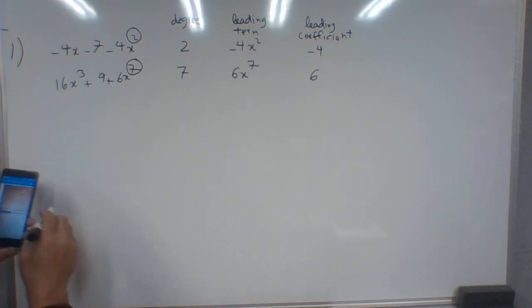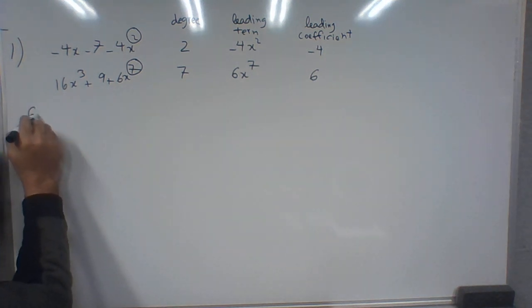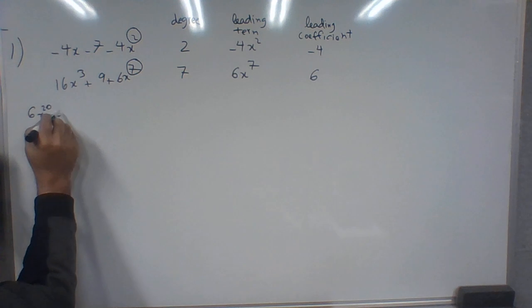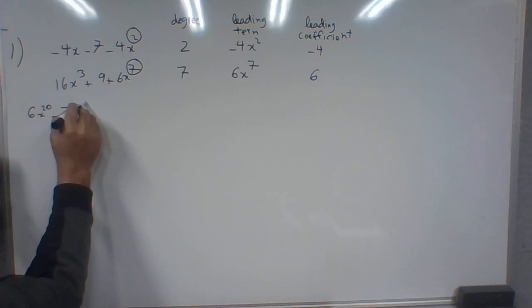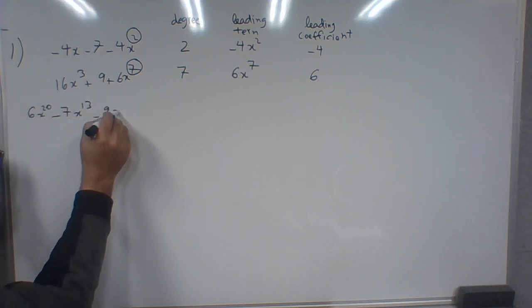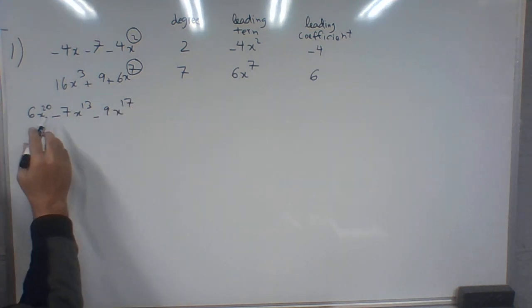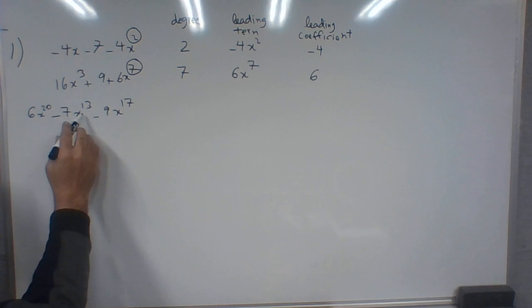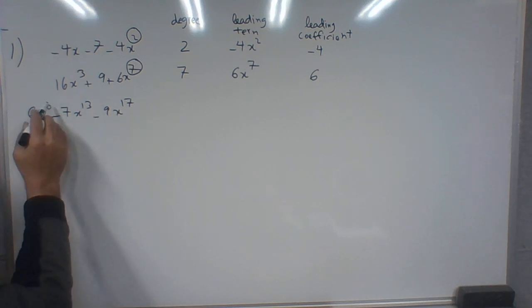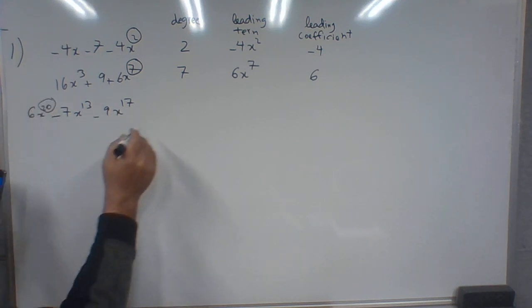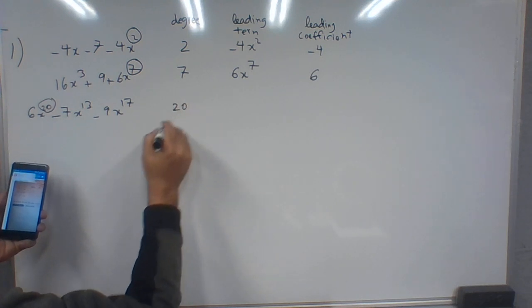The next question is 6x20 minus 7x13 minus 9x17. So the degree is the highest degree. So 20 here, 13 here, 17 here. So the highest degree is 20. So the degree is 20.